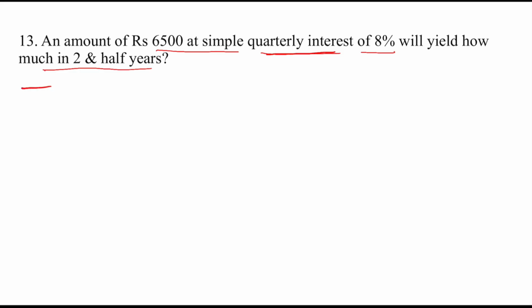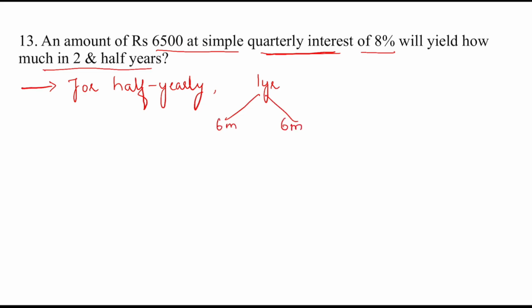So before solving this problem, let us see how to solve problems for half yearly, quarterly and so on. Half yearly means what? In 1 year, it is 2 times. Half of 1 year means 6 months and 6 months. This is nothing but 2 half years.